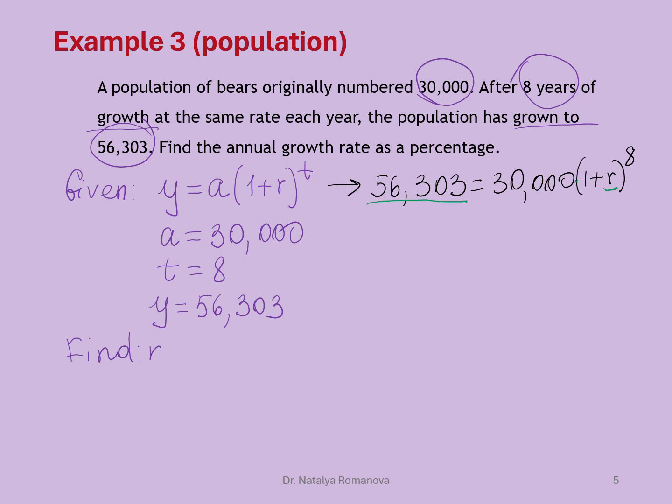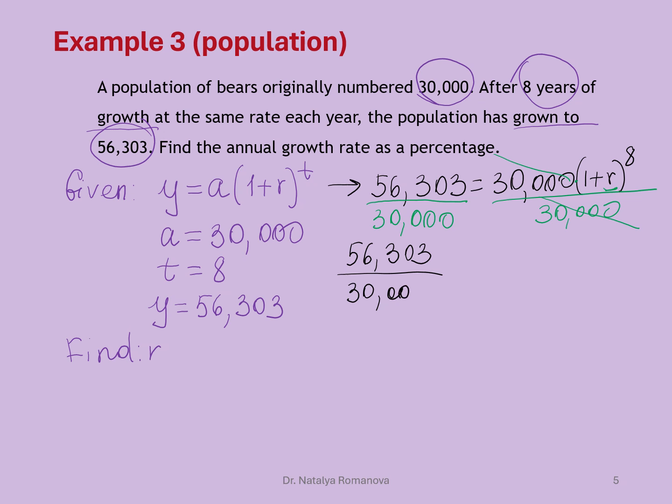Next step, we divide both sides of our equation by 30,000. We cancel out 30,000 on the right side, and we have 56,303 divided by 30,000 equals (1 plus r) to the 8.